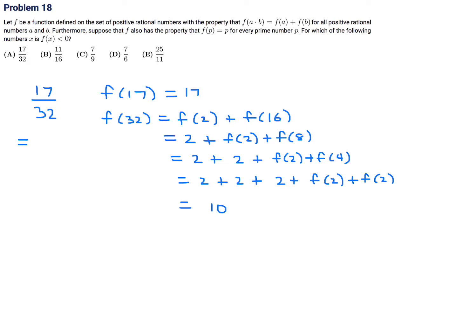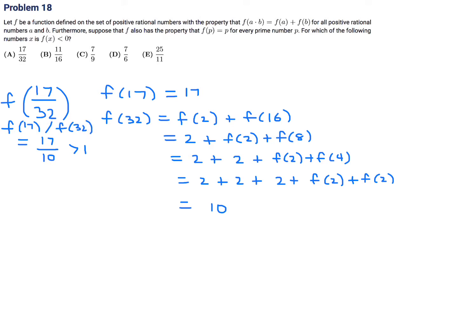So that means this 17 over 32 is really just 17 over 10, and that's obviously greater than 1. We want something eventually that's less than 1. In particular, it was f at that. We just broke it up into f at 17 divided by f at 32.